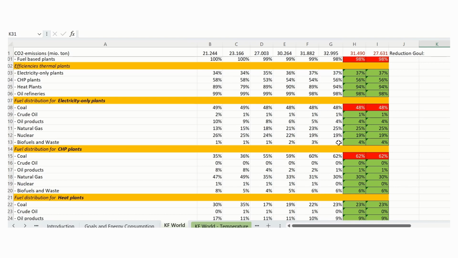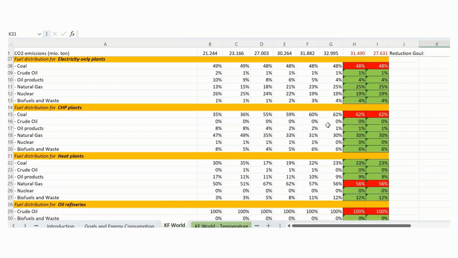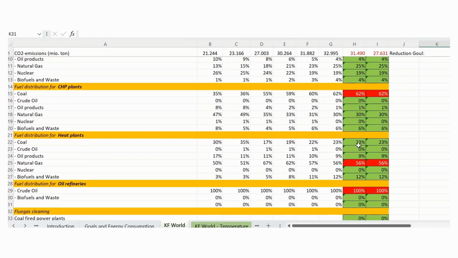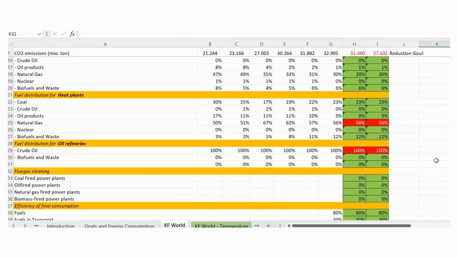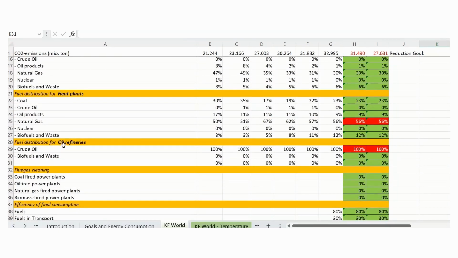You do in fact the same here for combined heat and power plants and for the heat-only plants here. And then for the oil refineries, you say how much of the oil will come from crude oil, how much will be based on biofuels and waste here.